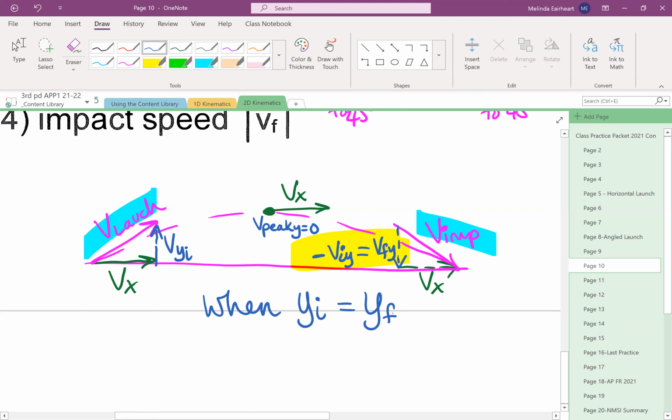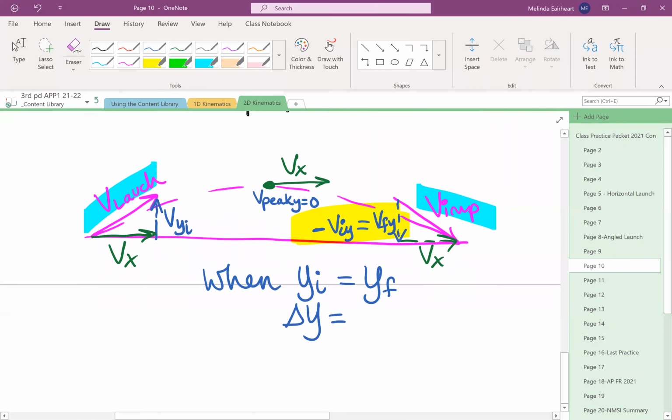Or another way to write that, what's your change in vertical displacement if you end where you start? You start on the ground, I end on the ground. Vertical displacement, start to finish, is 0. And so when that is true, your impact speed at the end is equal to your launch speed.